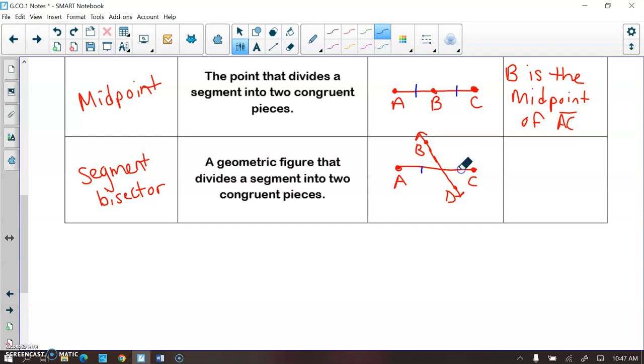We would need the tick marks, but we would say that line BD is the segment bisector of segment AC. And that brings us to the end of video 1, part 2.